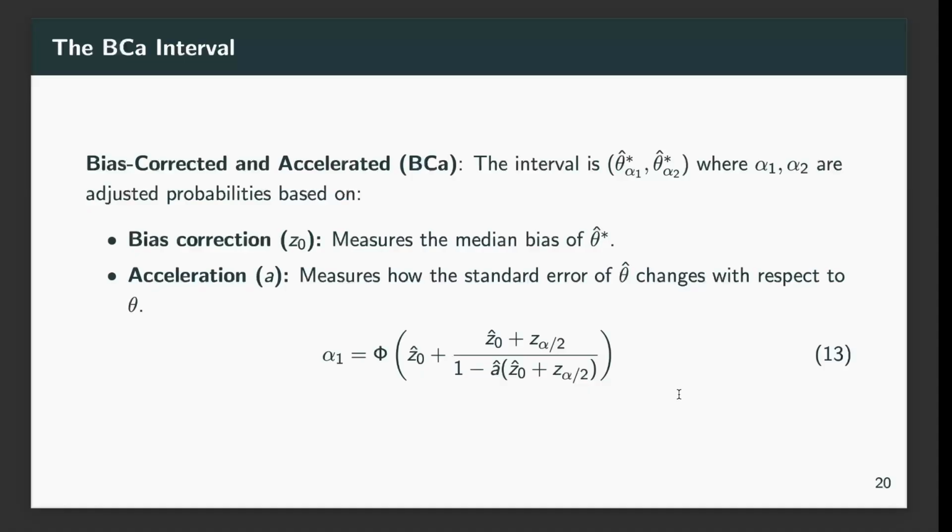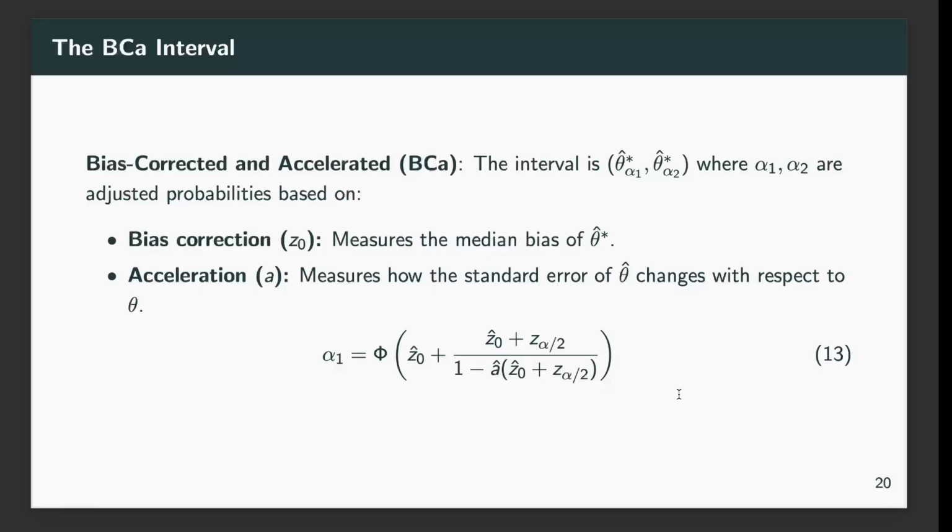The BCa interval is actually a modified version of the percentile interval, but it corrects two things: the bias in the bootstrap distribution, and also the fact that the standard error of the θ̂ can change as a function of the data.